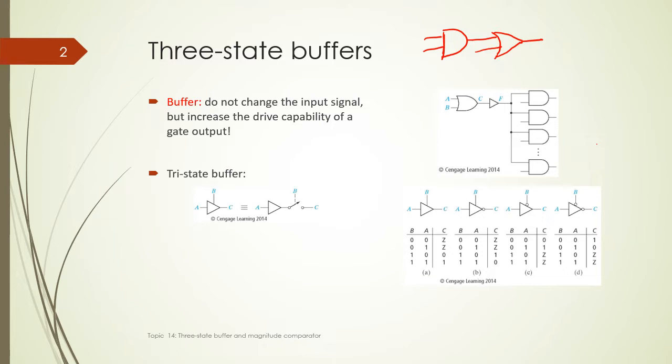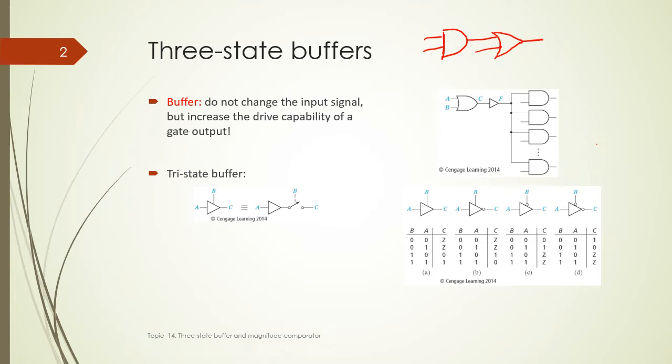However, if we want to send the output signal of this OR gate to multiple AND gates in parallel, which means we have to split the output current into different parts and send it to each of the AND gates here, that will cause big time delay. And sometimes it's intolerable.